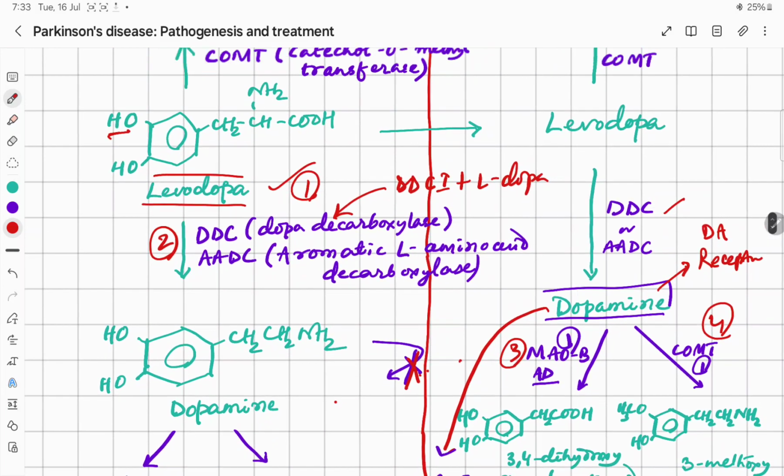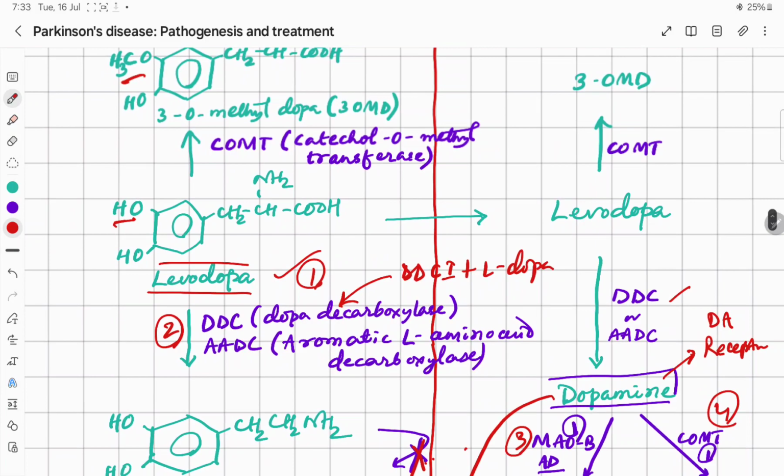So we have to use the precursor of dopamine, that is dopa, dihydroxyphenylalanine, and we need to use the levo form of dopa, levodopa, which can cross the blood-brain barrier. This levodopa can be metabolized by two enzymes.